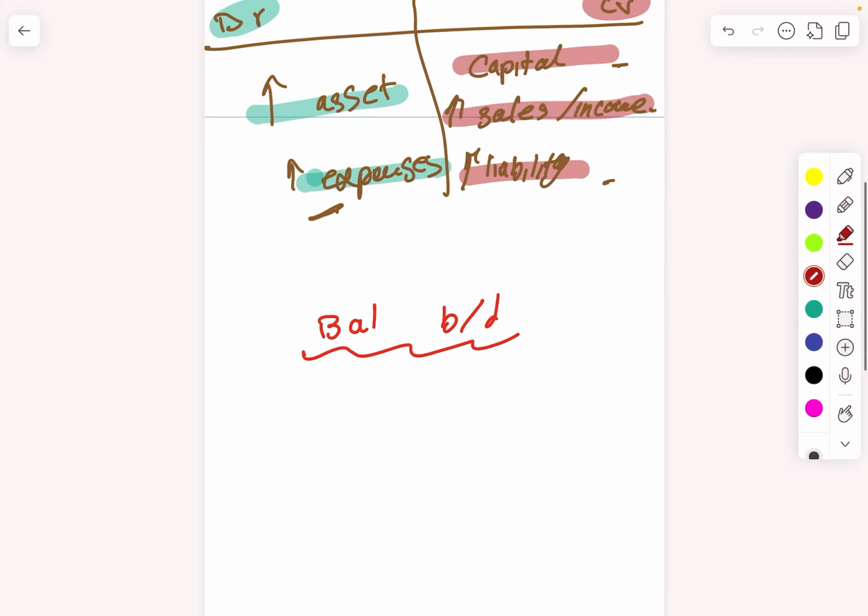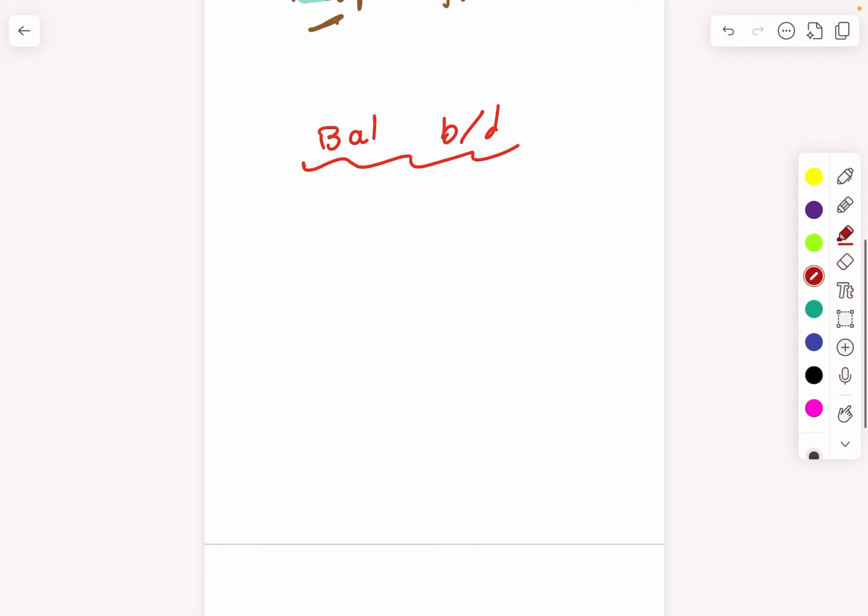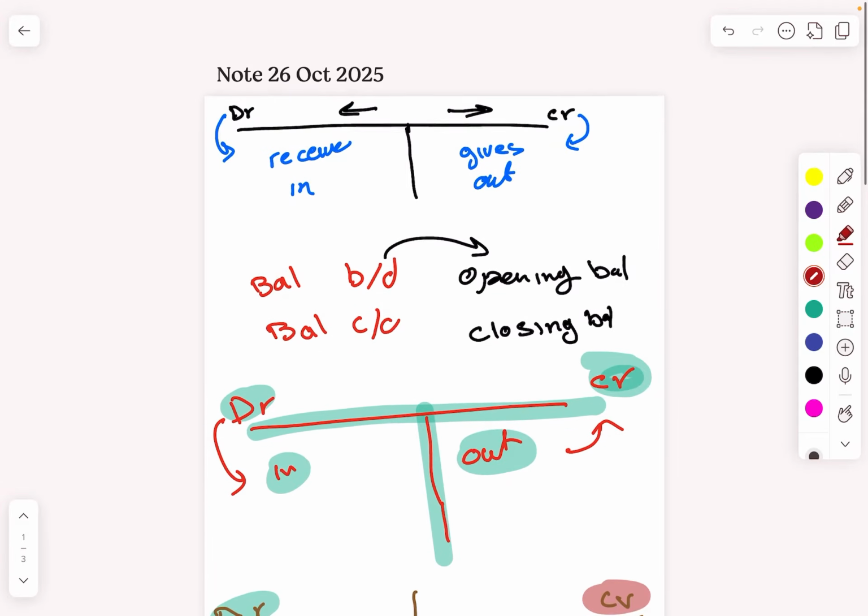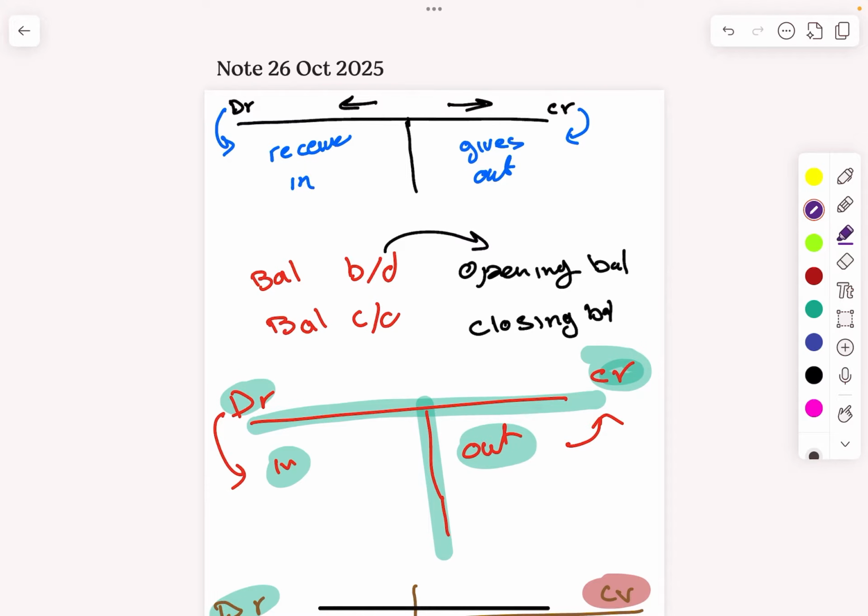Okay, and next, balance brought down and balance carried down. Balance brought down is the opening balance for this month, which was the closing balance for last month. That's why we bring it down to this month.